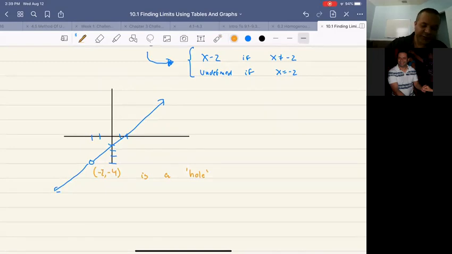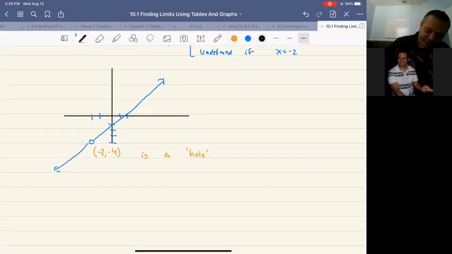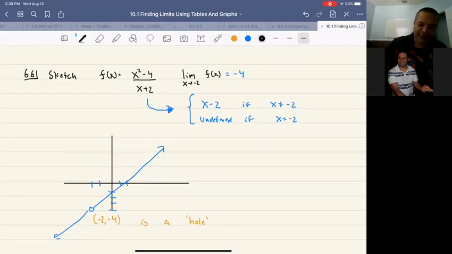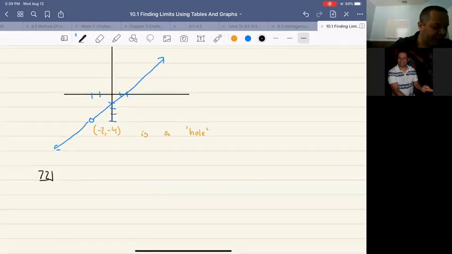Let's do another one. Let's do 72. Same thing, sketch and find the indicated limit. So our f of x here, we're going to have a piecewise defined function.